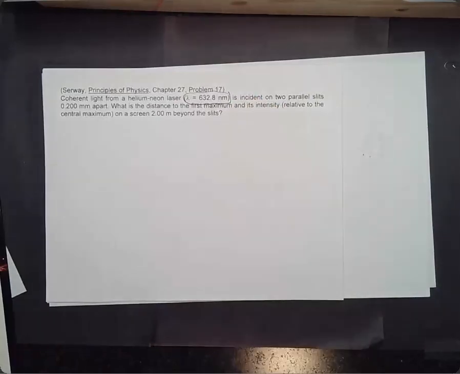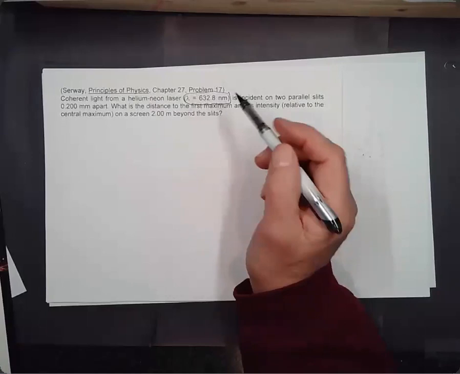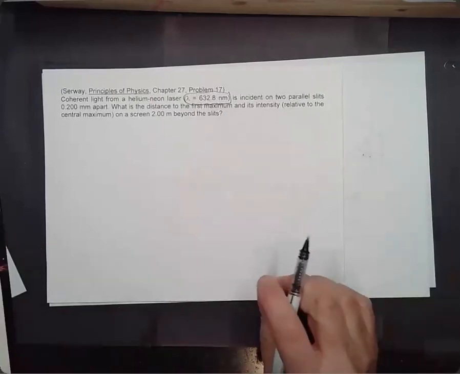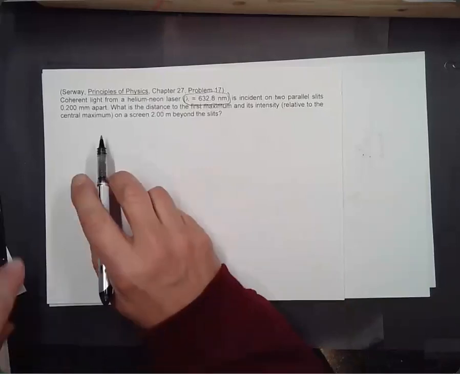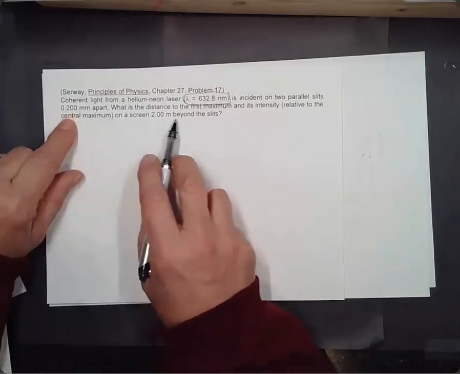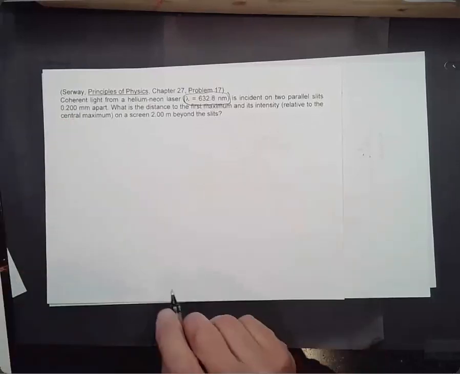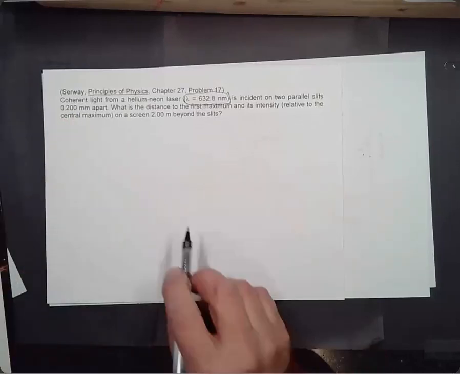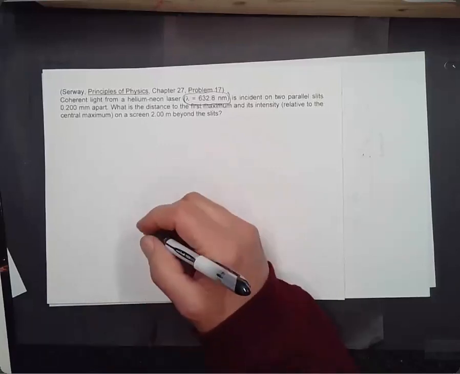A lot of the inexpensive lasers you get, like the handheld little red ones, aren't so precise in their wavelengths, just because of the way they're manufactured. Anyway, two parallel slits, same distance apart, but what's the distance to the first maximum and its intensity relative to the central maximum on a screen 2 meters beyond the slits?